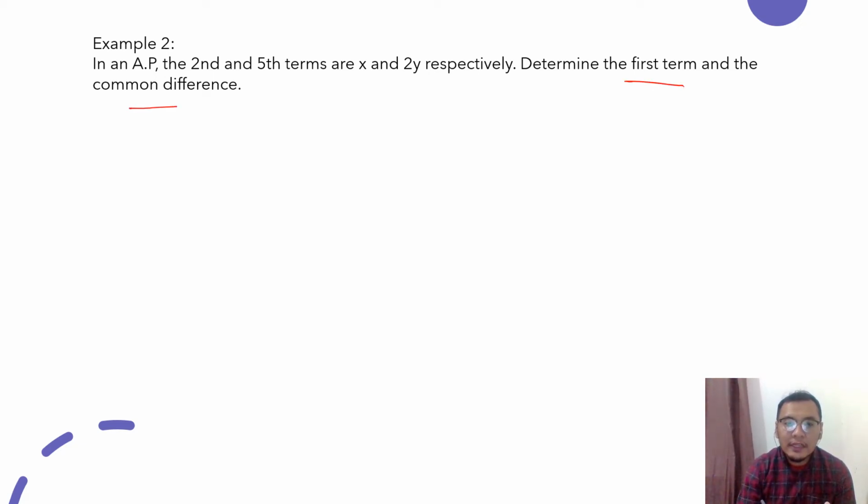So, the information given is T2 equal to x, and T5 equal to 2y. We know that T2 is A plus (2 minus 1)D equal to x, and also A plus D equal to x.